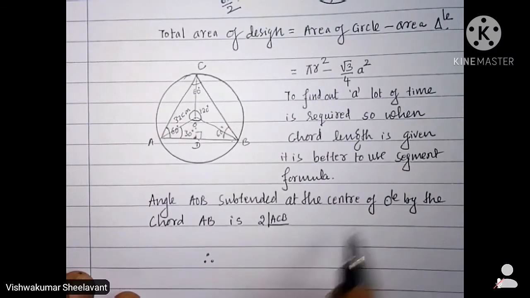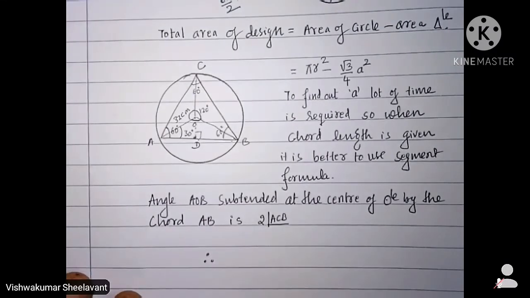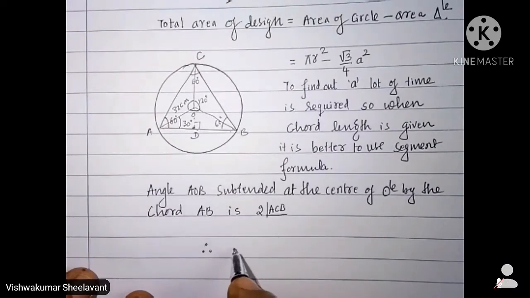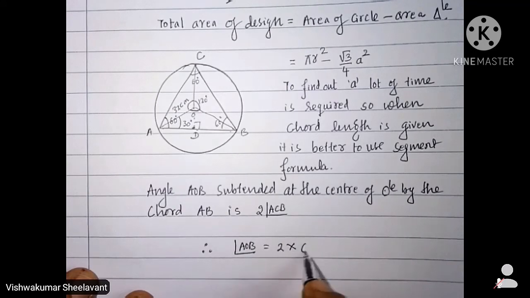Therefore, this is by a theorem that you have studied in 9th standard. Therefore, angle AOB is equal to 2 into 60 degree, that is equal to 120 degree.